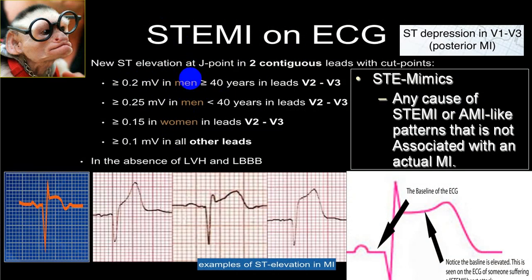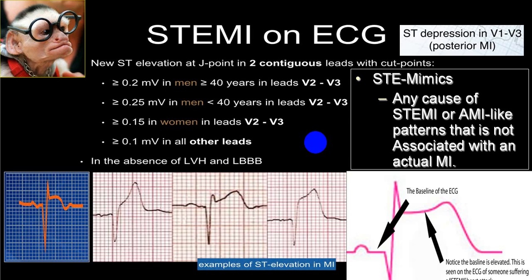And in males less than 40 years, more than 0.25, and in females, more than 0.15 in V2, V3, and 0.1 millivolt in all the rest of the leads, that is lead 1, AVL, lead 2, lead 3, AVF, and in V4, V5, V6. Even if there is an elevation of 0.1, it is positive.